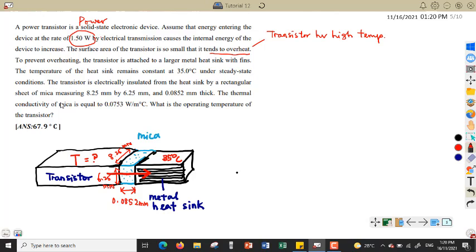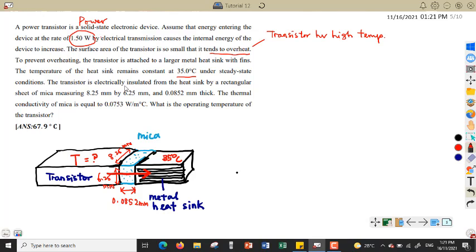So heat will flow from the high temperature transistor towards the metal heat sink, whose temperature is lower, at 35 degrees Celsius.